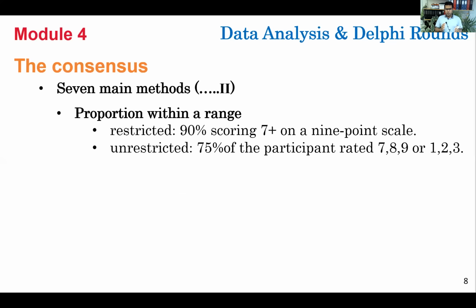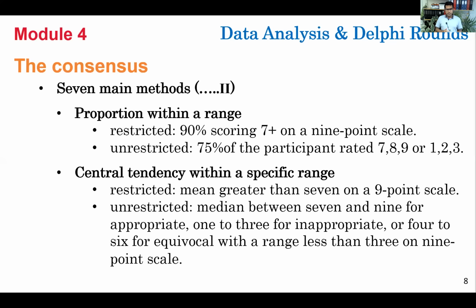Studies also support considering proportion and central tendency within a range for gaining the necessary consensus. In the former case, the proportion of experts who rate the indicator within the highest region of the scale must be greater than a predefined threshold. For example, 75% or more of the experts giving the indicator a score of 7, 8, or 9.